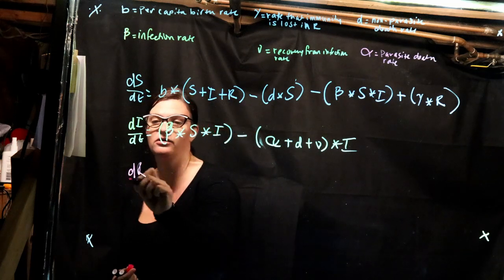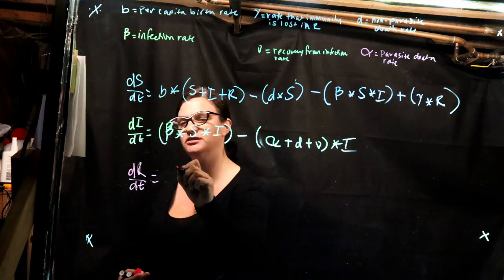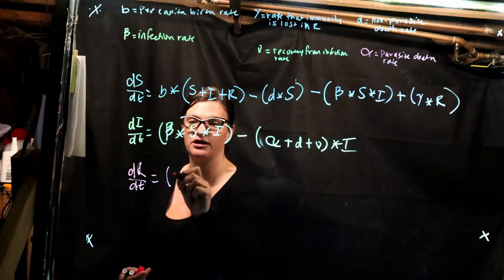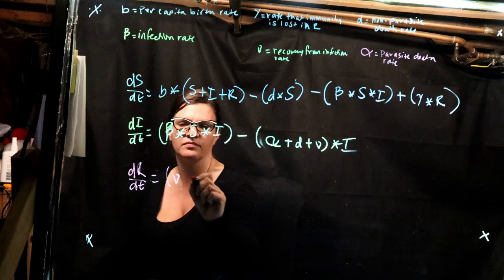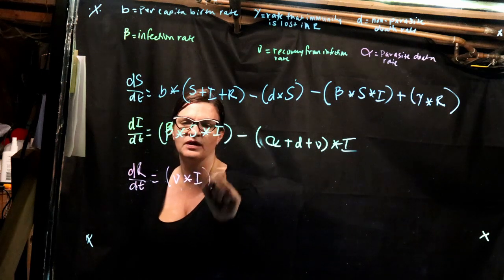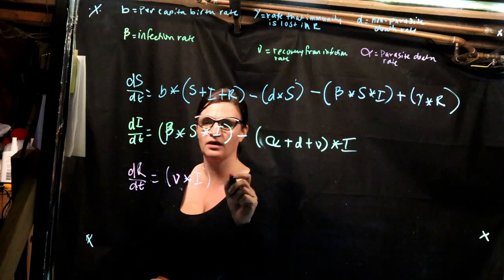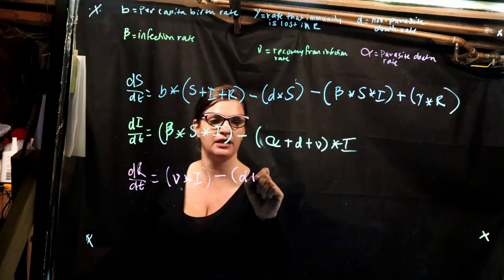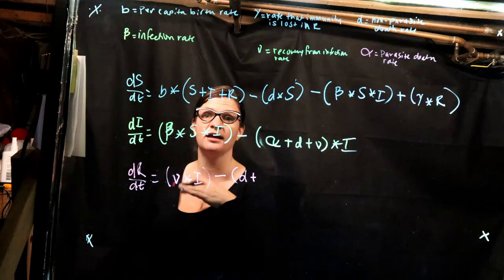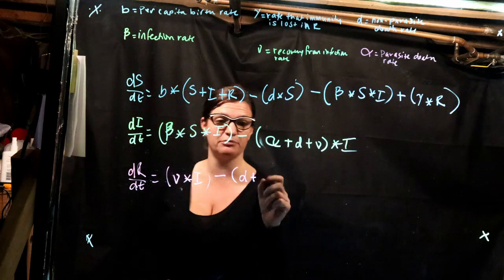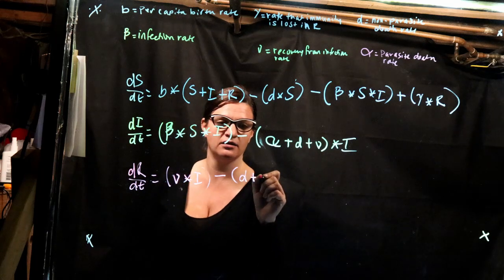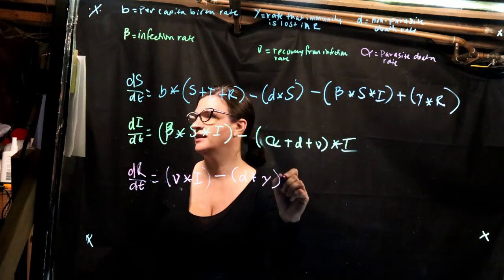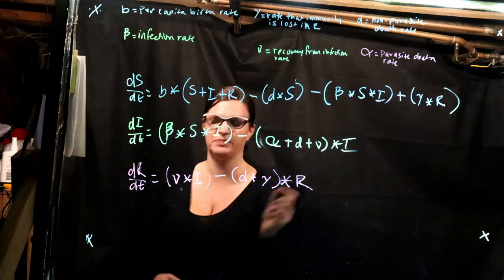That is dR over dT is equal to, we're looking at the rate at which infected individuals become recovered individuals, so that's V times I, minus the non-infection related death, plus the rate at which individuals move from recovered back into susceptible populations, so that loss of immunity, times the number of individuals in that recovered bin.